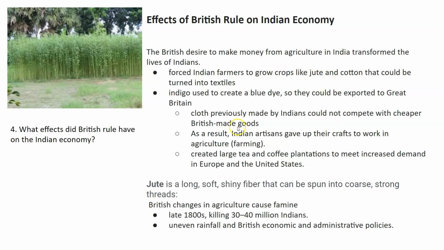So among all these crops that the British Empire is demanding that Indians grow, none of these are food crops. All right, what can we suppose is going to happen? What's the effect of no food crops being grown? So answer question number 4 in the Edpuzzle.